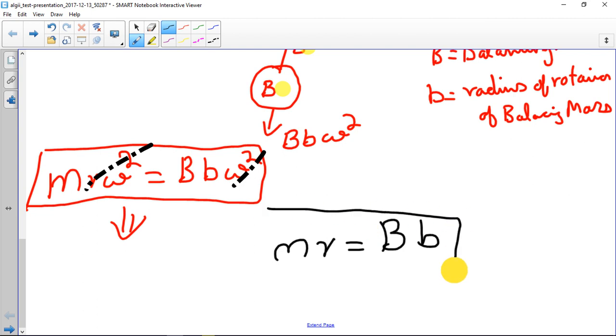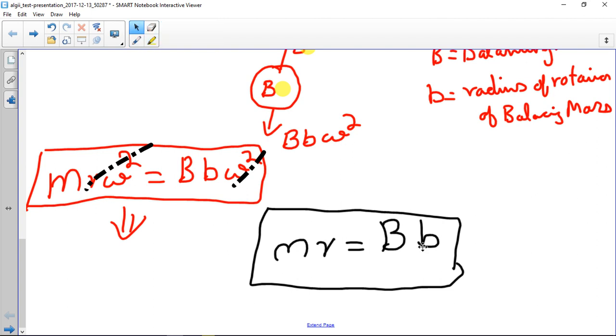So if you know either the mass of the balancing mass B or the radius of rotation of the balancing mass b, then we can find the other, because M and R will be known, as those are the things that we need to counter or balance. You should find the mass of the balancing mass, or the balancing mass will be given and you should find its radius of rotation. This is normally how the numerical comes.